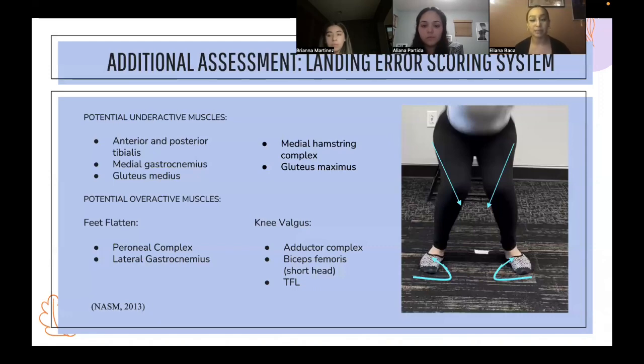Starting from that landing position with inverted feet already causes a lot of other gradual impairments that are going to occur from the knee to the hip. Again, you're going to notice a lot of overactive muscles such as the adductor complex, the biceps femoris, and the TFL. In the next slide, we're also going to demonstrate the scoring system.